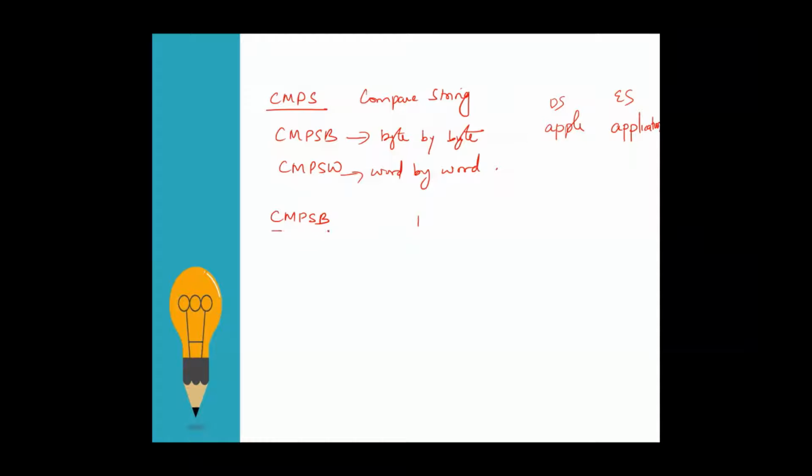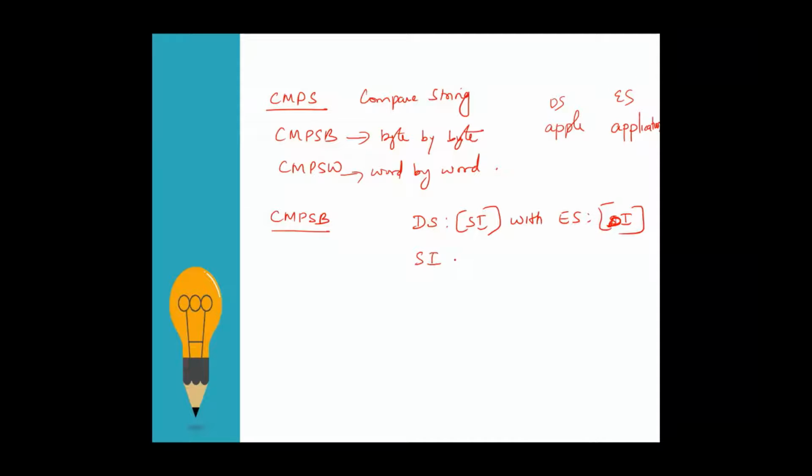If I'm using CMPSB, I'll be doing comparison byte by byte. That means I'm comparing DS of SI with ES of DI, right?